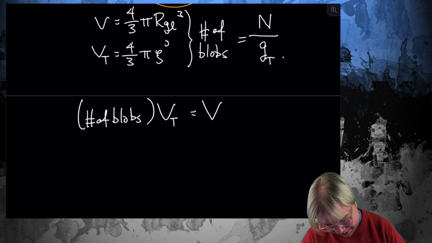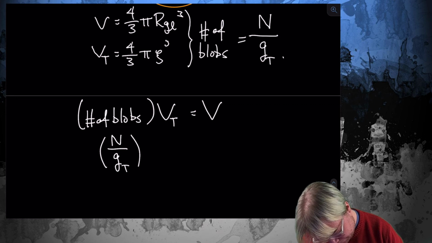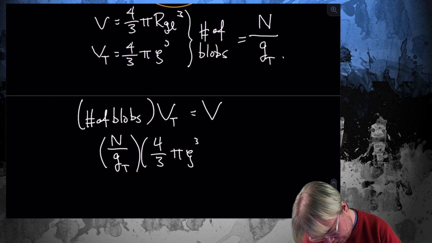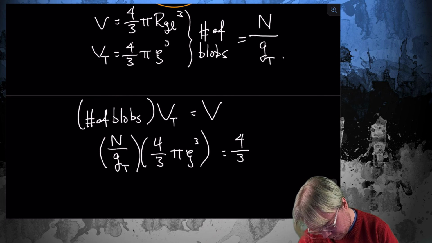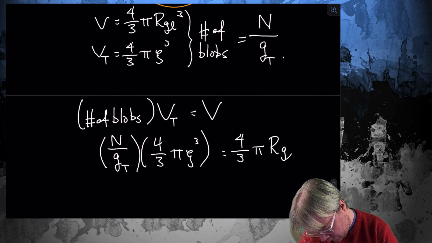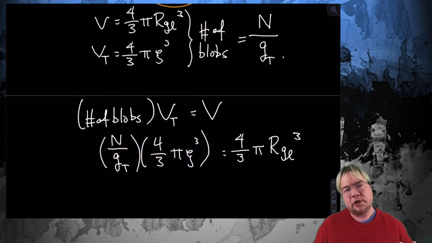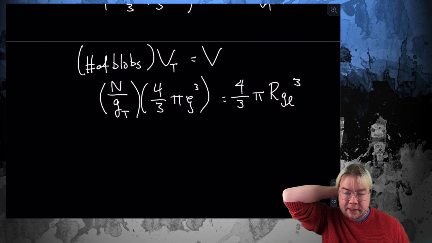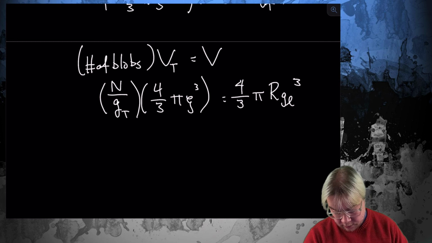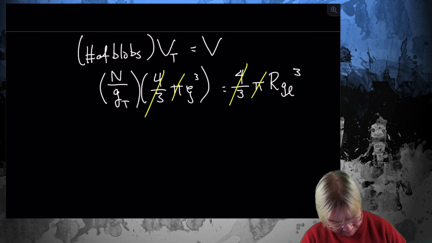And I know the number of blobs that I have, so I've got N divided by g_T, and I've got 4/3 pi ξ_T cubed is going to be 4/3 pi r globule cubed. Right? Just setting the volumes equal to each other. That's what I mean by a dense packing. If it wasn't a dense packing, that's not true. Well, I love it when this happens. Boop, boop, boop. Those go away.